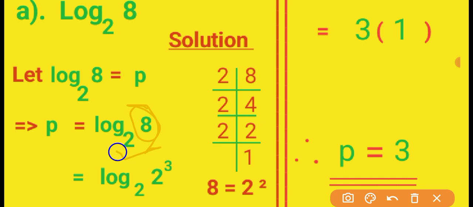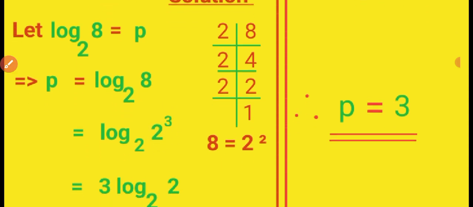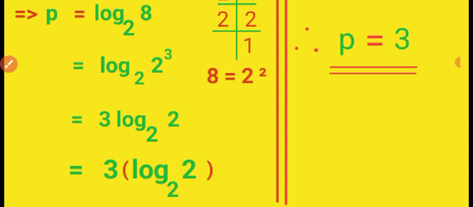So that next time when we get 2 to power something, the base and the logarithm in front will be the same, to make us easily convert it to 1, because when the base is the same as the logarithm, automatically that number becomes 1. So 8 here is same as 2 to power 3. So that is that. So let us move to the next step.